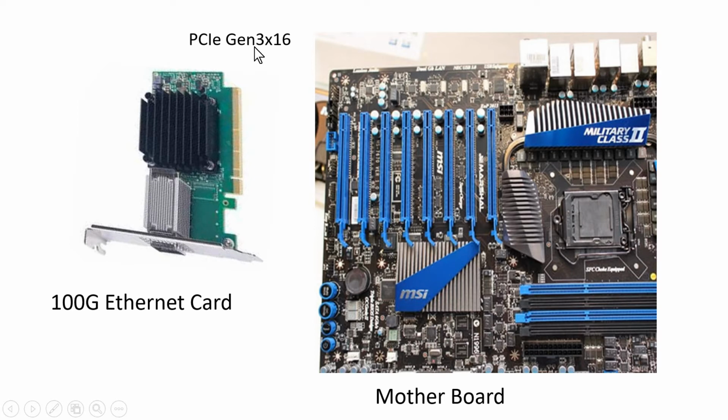And Gen 3 means each line has 8 gigabits per second data rate. Now if you want to calculate the complete data rate of this interface, it will become 16 into 8, which is 128 Gbps. This machine communicates with the external world using this 100 gigabit interface, which in turn involves this PCI Gen 3 by 16 interface.